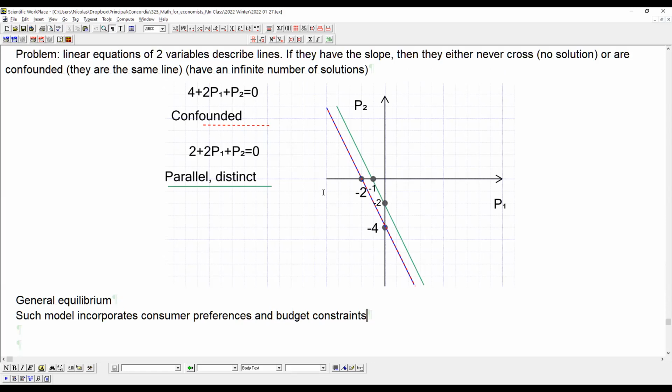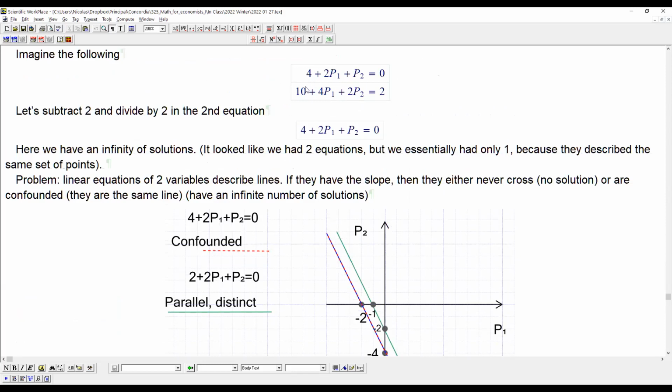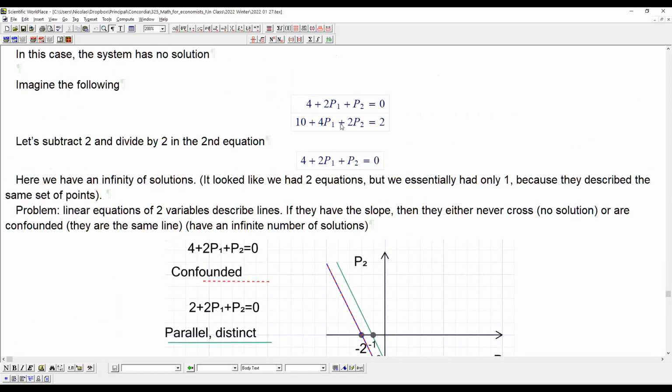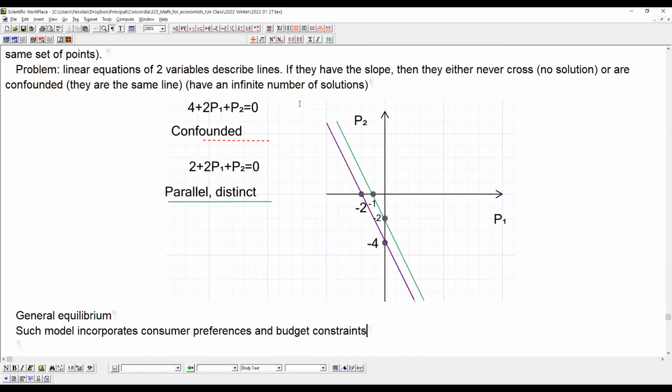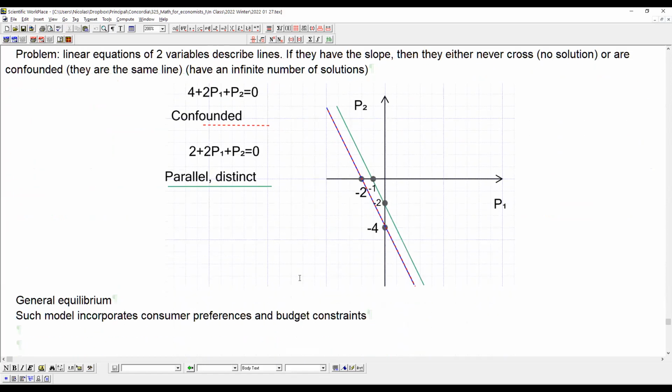Here we haven't talked about budget. We're assuming that if you spend less or more, then it somehow maybe comes out of the budget of some other market. Who knows? There's no budget constraint in this model.